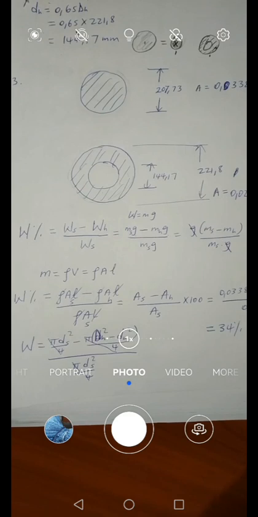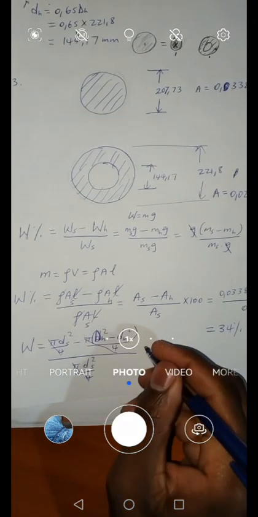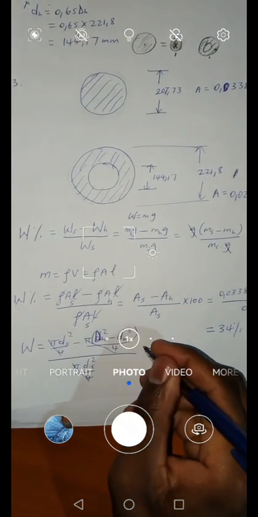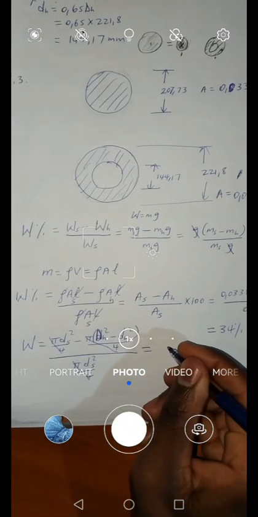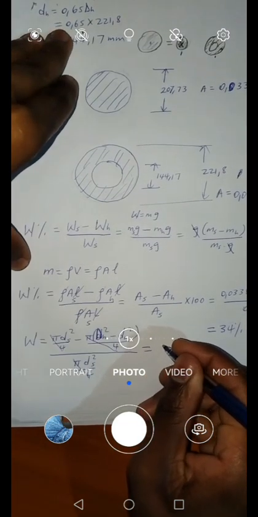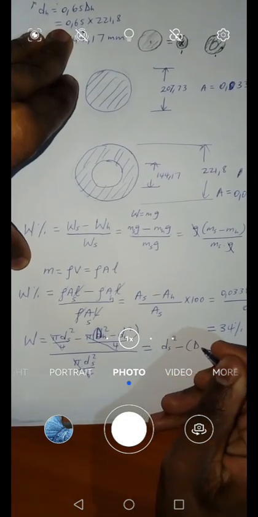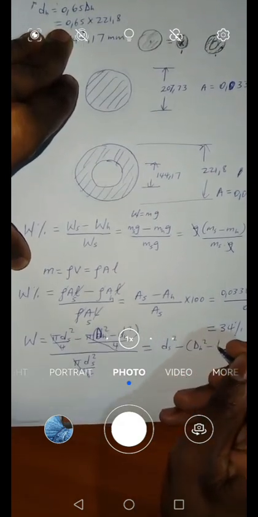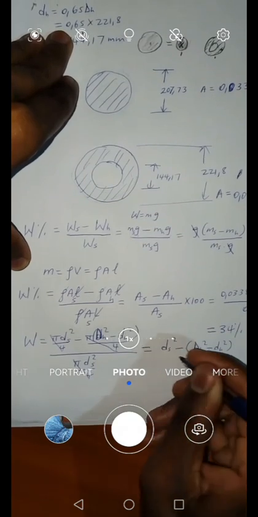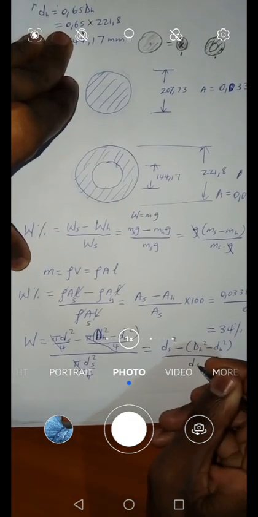Then you will remain with d solid squared minus (D hollow squared minus d hollow squared) all over d solid squared.